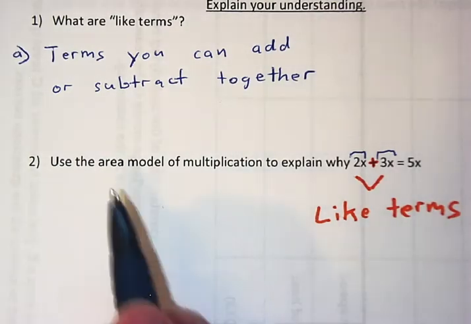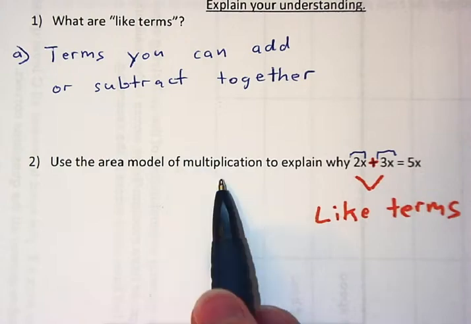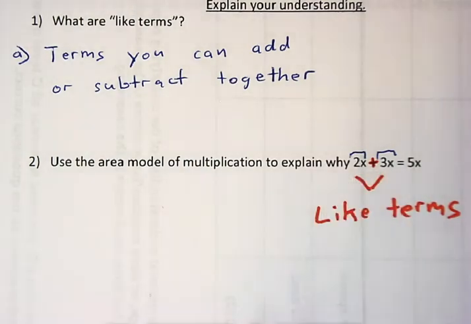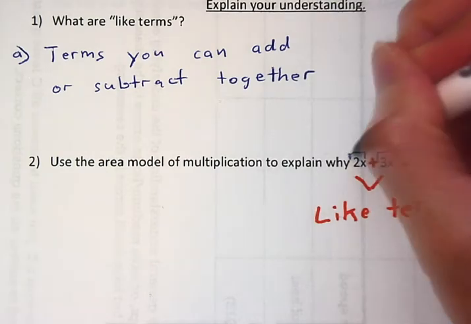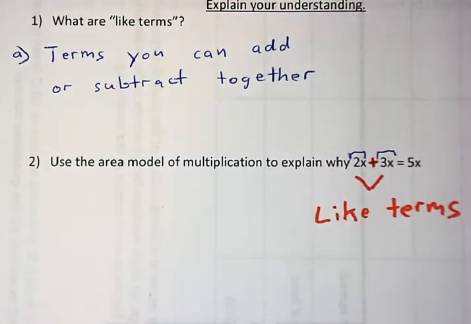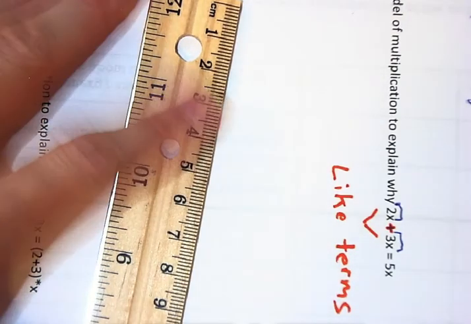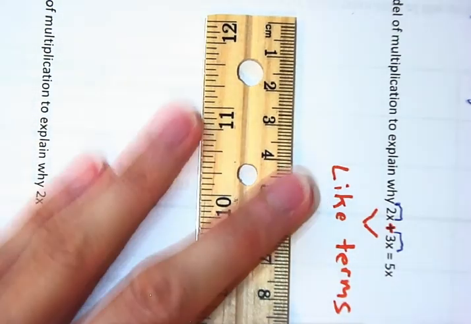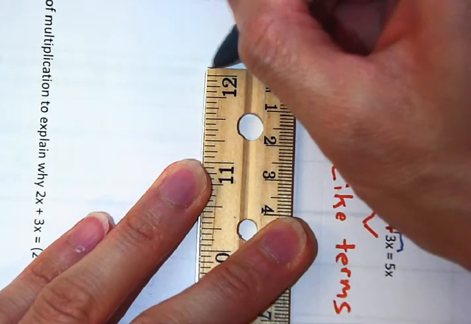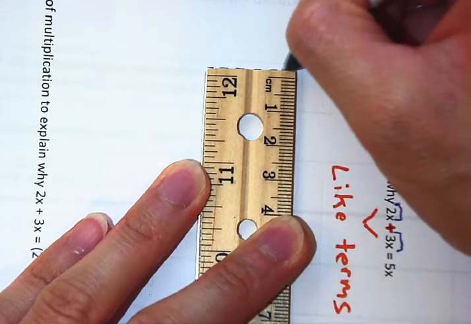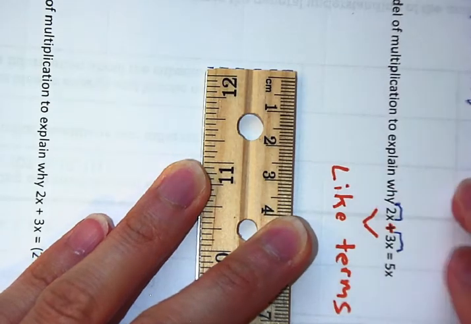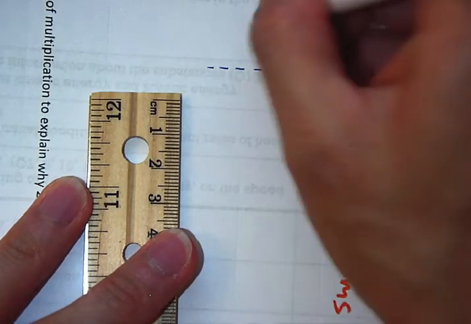And I'm going to use the area model of multiplication to explain why I can do this. Why can I add 2x and 3x together? So let's create my model again. The area model uses the area of a rectangle. So once again, that side is going to be x big.